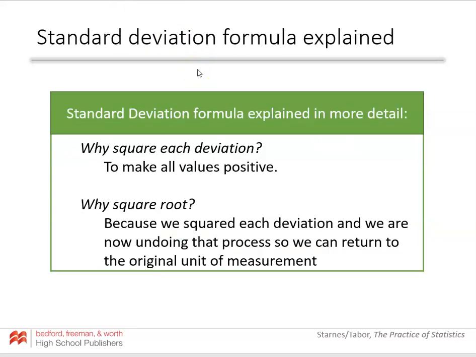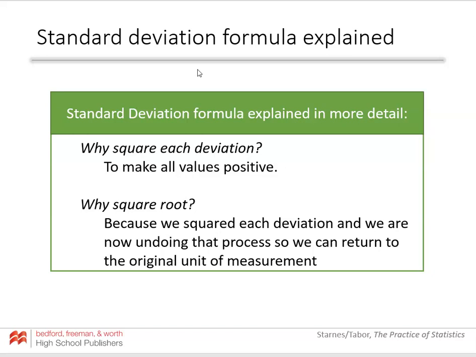Let's dive into that standard deviation formula a little bit deeper. If you will recall, the standard deviation formula is under a square root. It is the square root of the sum of the deviations squared, and then that's divided by n minus 1.